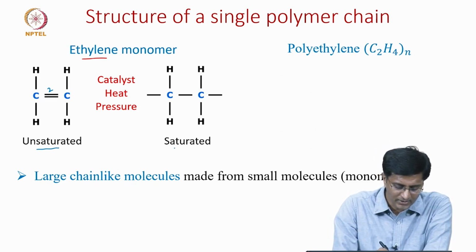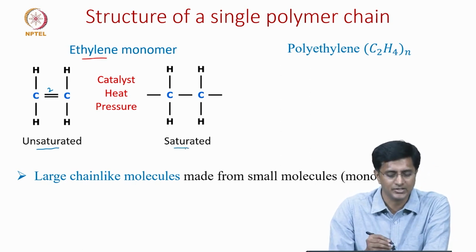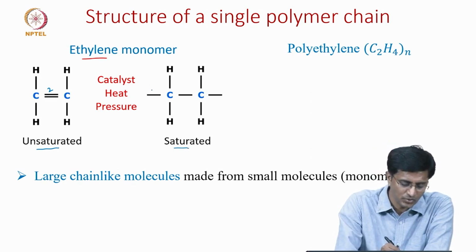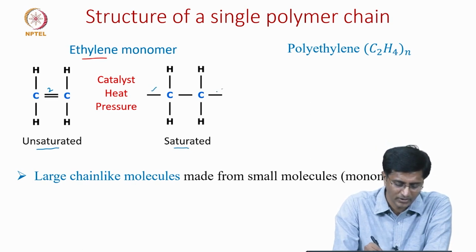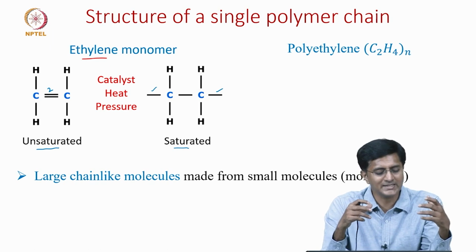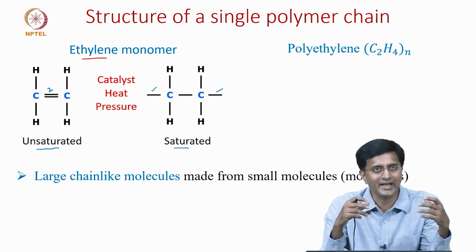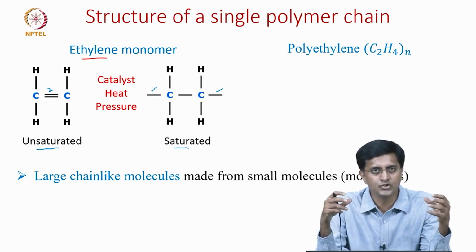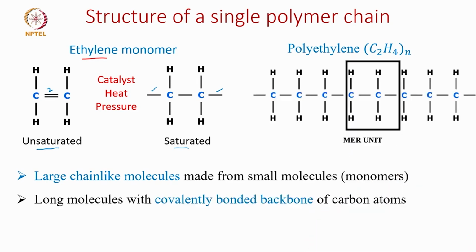This is now called the saturated ethylene or the saturated monomer because it has two active bonds to the left and to the right. When we have many of these active monomers or active ethylenes, they all join together to form a polymer chain, which we see here.